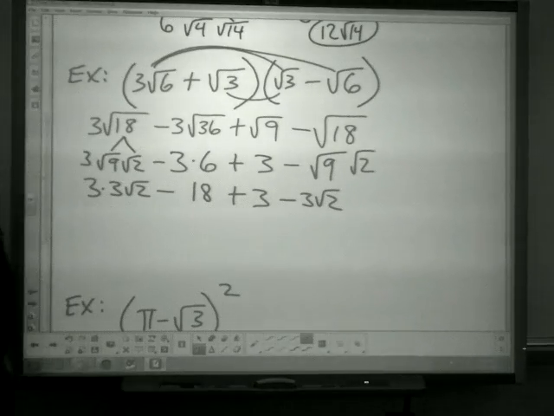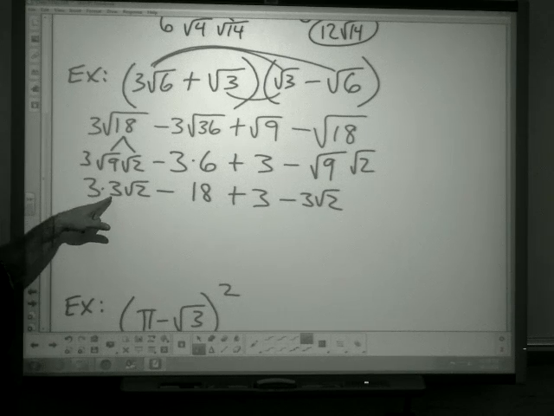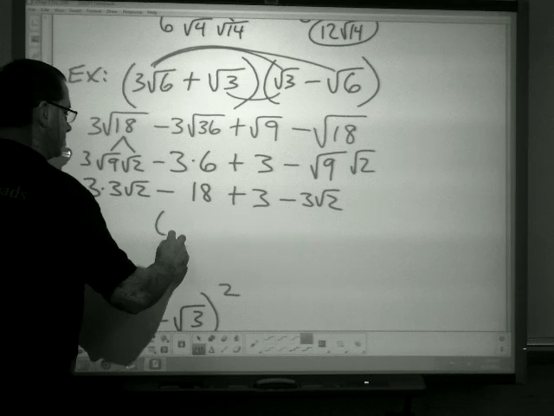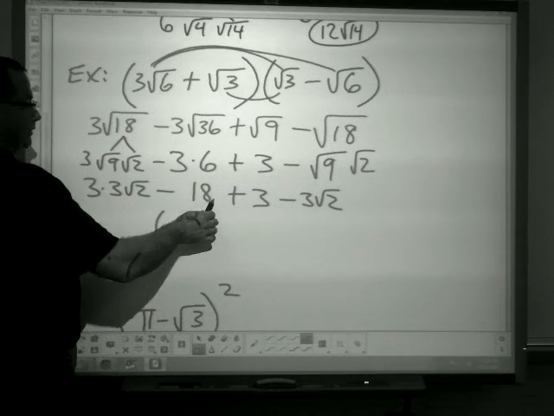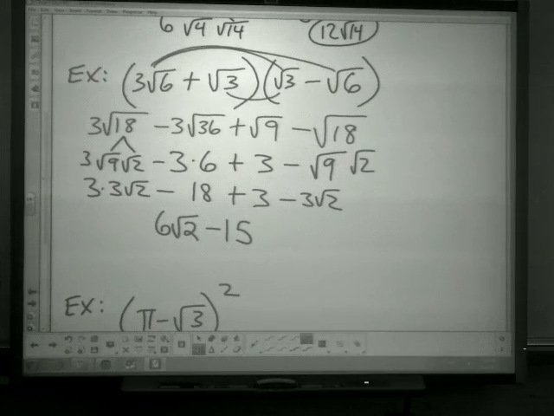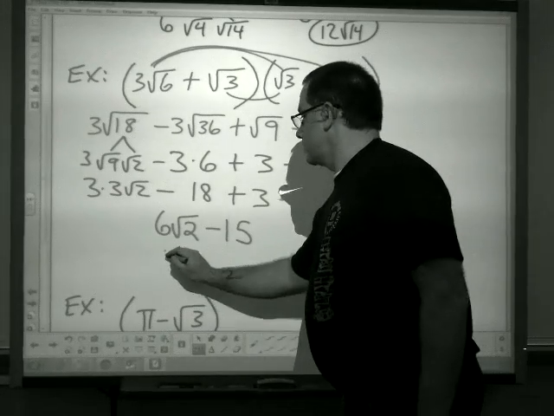So now, combining all the like terms, 3 times 3 is 9 radical 2 minus 3 radical 2. 9 minus 3, that's 6 radical 2. And negative 18 plus 3 would be a negative 15. I prefer to write it, though, with the 15 first.